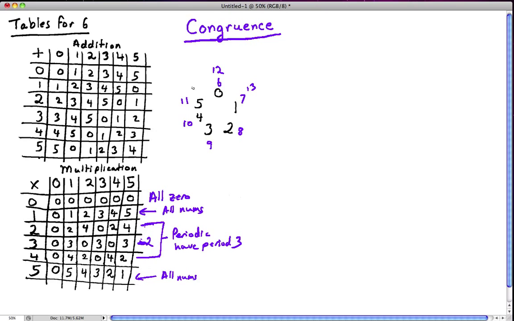Two numbers are congruent if they're equal to the same thing mod something.